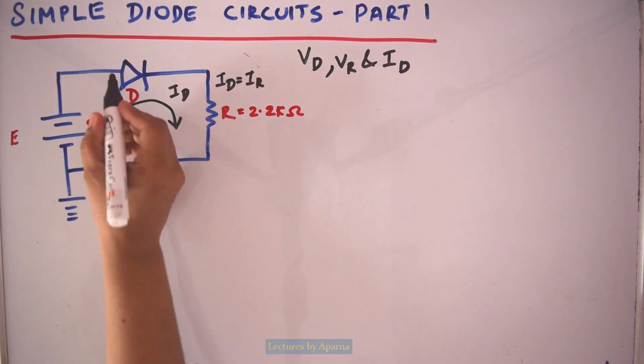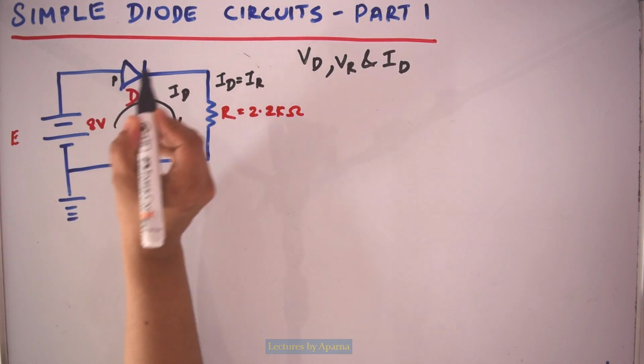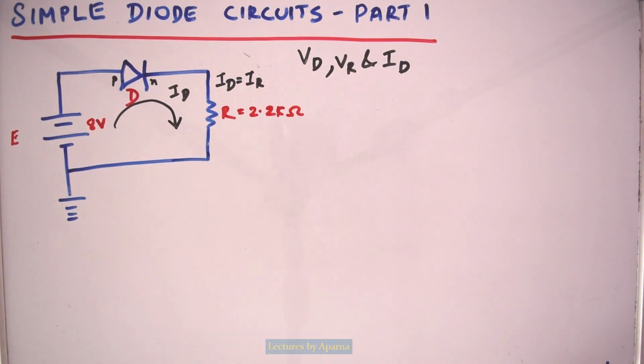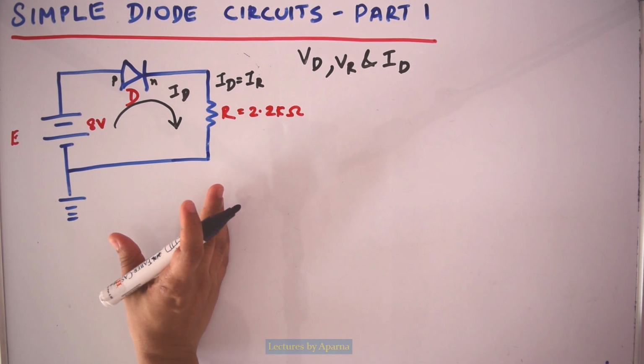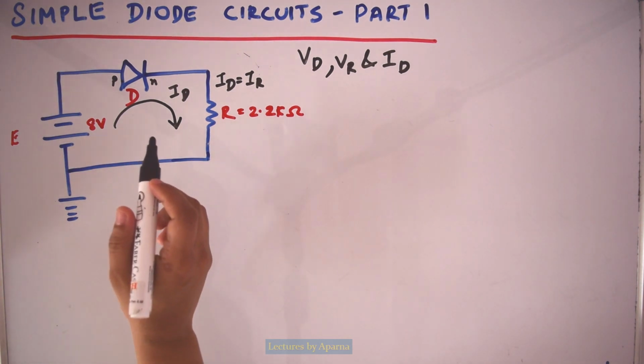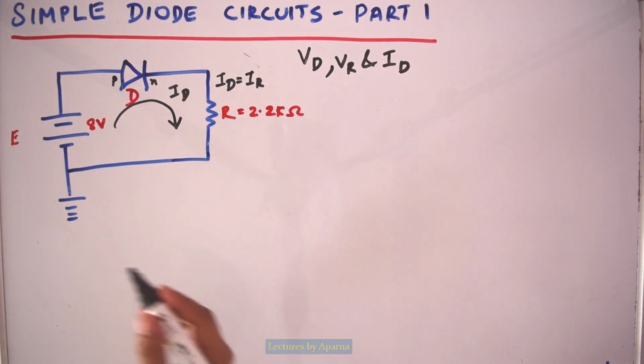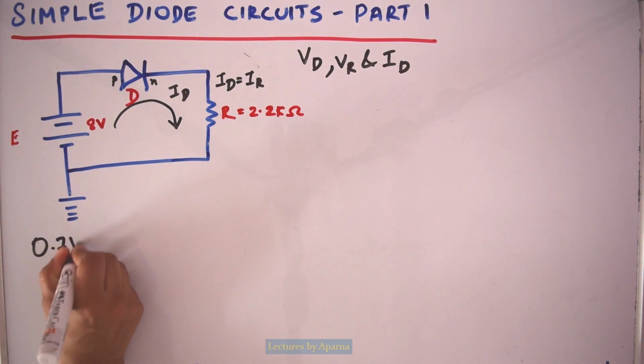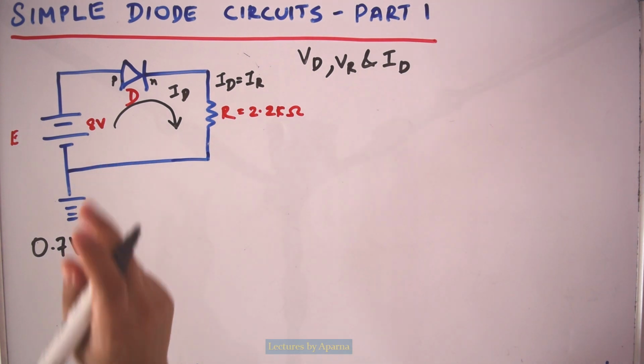Now this is the P region of the diode and this is the N region of the diode. Since silicon diode is used, it will start conducting or it will be on when a voltage greater than 0.7 volt is applied across it.